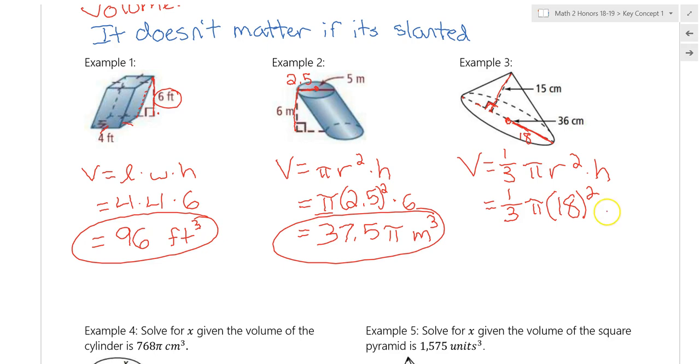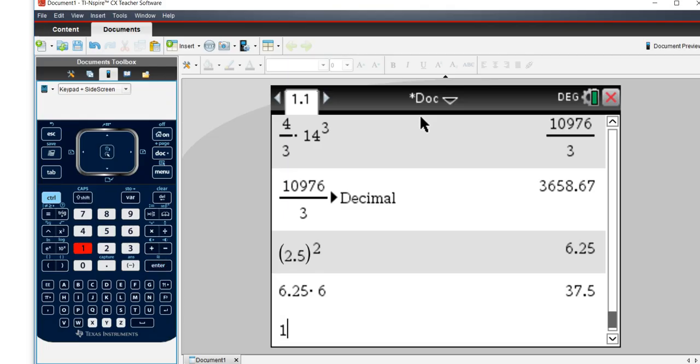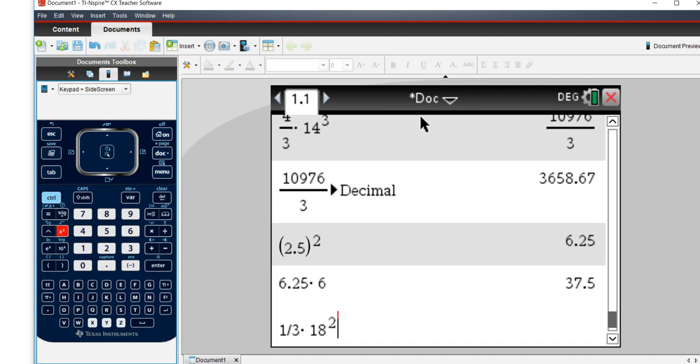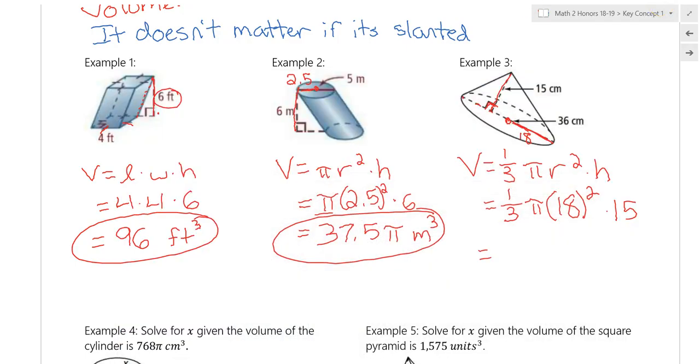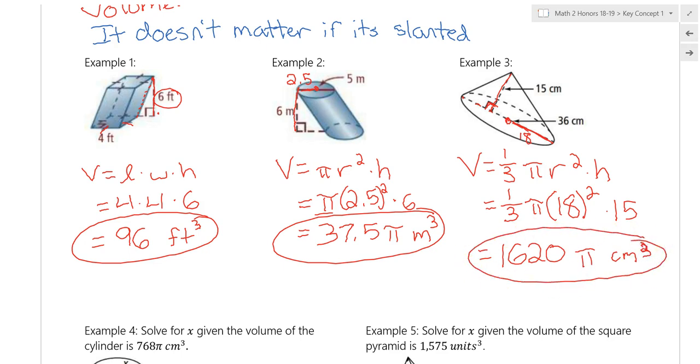So my height is 15. I'm going to type this in my calculator. I get 1/3 times 18 squared times 15, and I get 1,620 pi centimeters cubed. That's weird. So all three of these, again, are just showing that it doesn't matter that it is slanted.